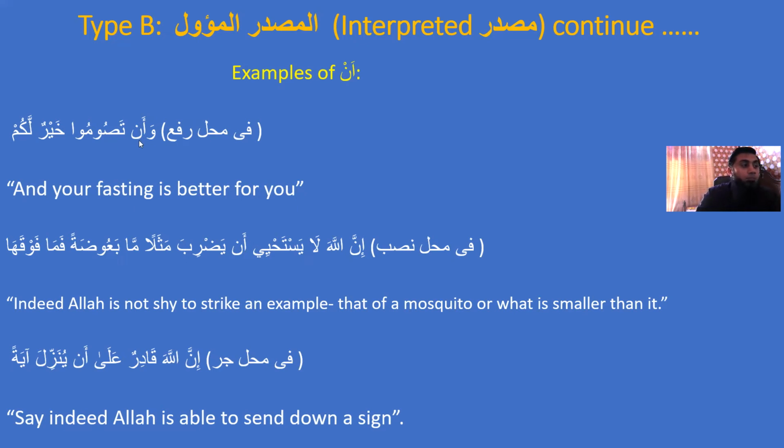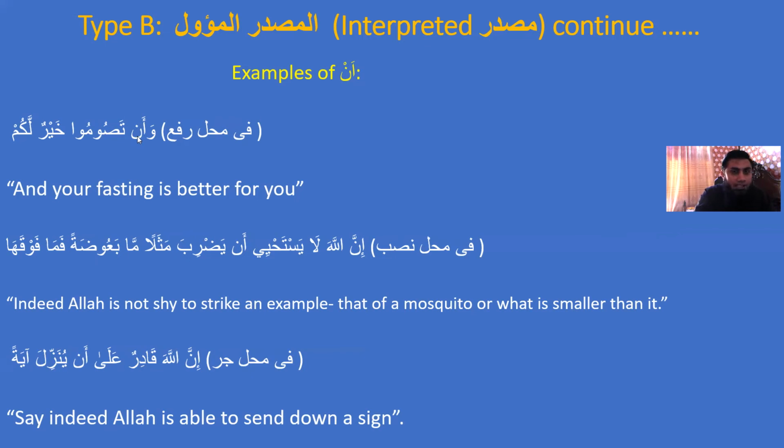Now an and tasumu together will become one structure, and this one structure will be called al-masdar al-mu'awwal. Please pay attention. You will say that this an tasumu is al-masdar al-mu'awwal, and if you want to give the detail of both of them, then you can say an harf nasab wa masdariya, tasumu fi'lun mudare mansoob.